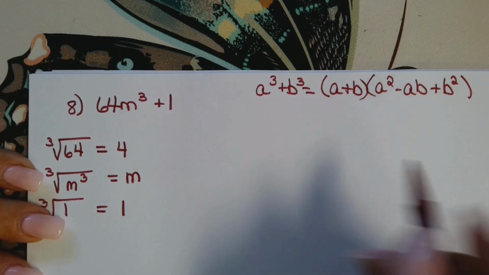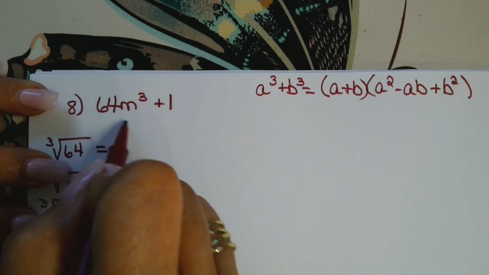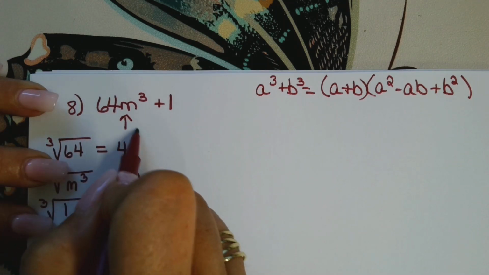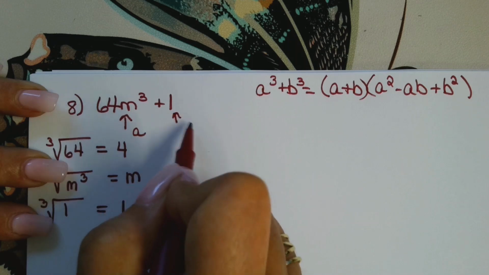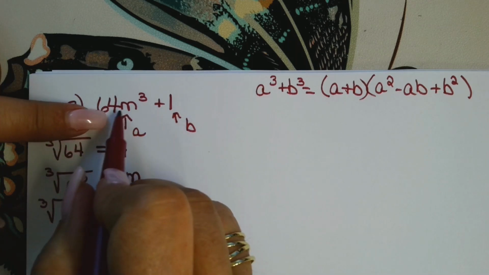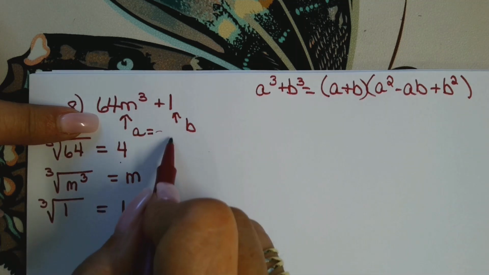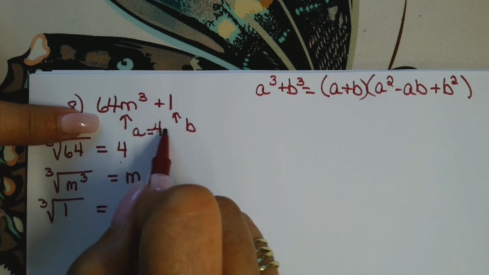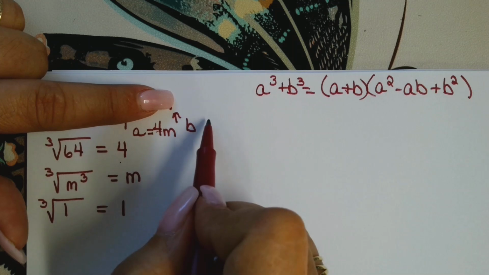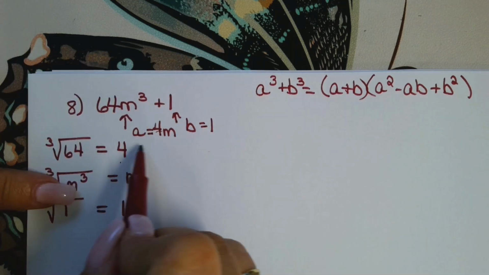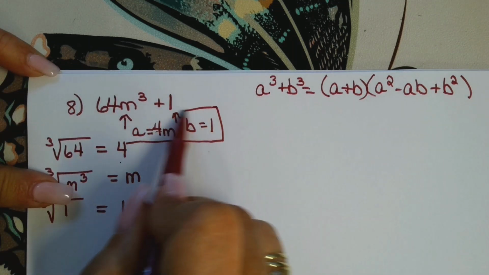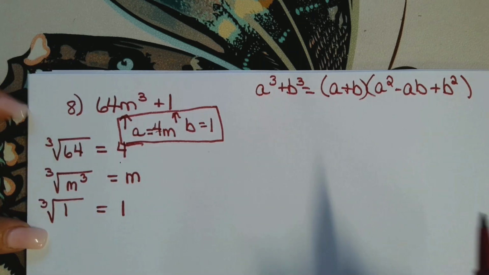So this term here is your a, and this is your b. The cube root of this is, like we said, 4m. So a is 4m, and the cube root of 1 is 1, so b is 1.